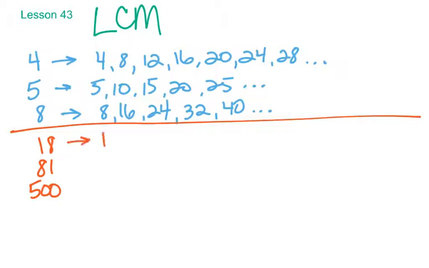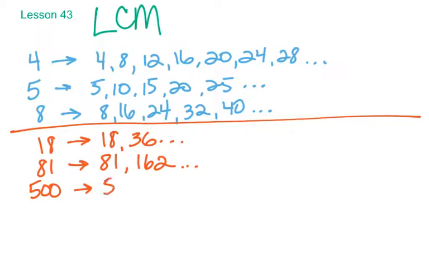We could write our list, and this would take a really long time. If we took 18, for example, and started listing out its multiples, we would add 18 each time and create this long list of numbers. Same for 81, and then 81 times 2 is 162. So we could make this infinite list of each one.